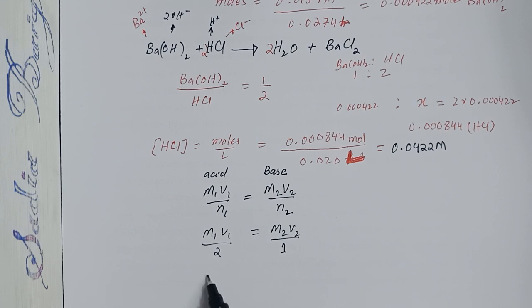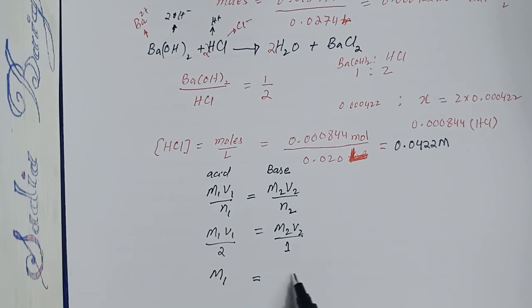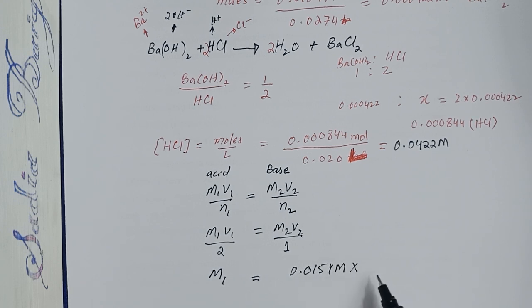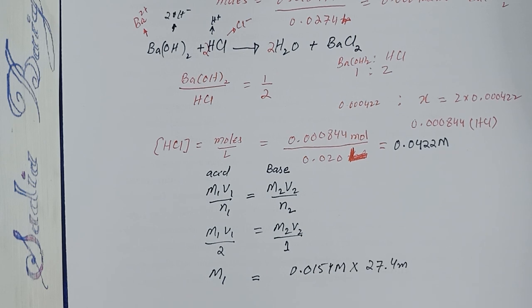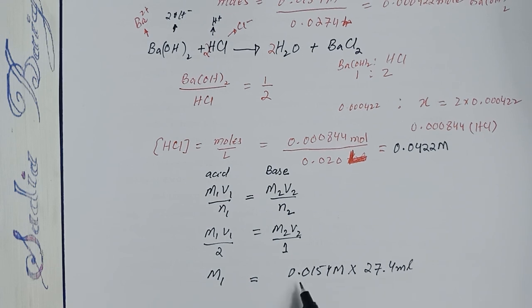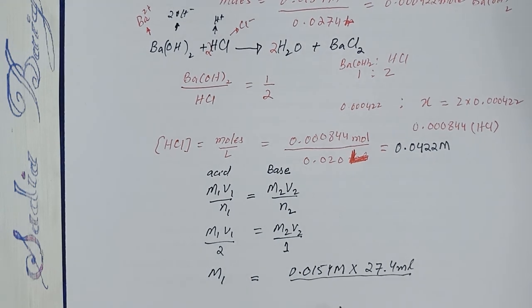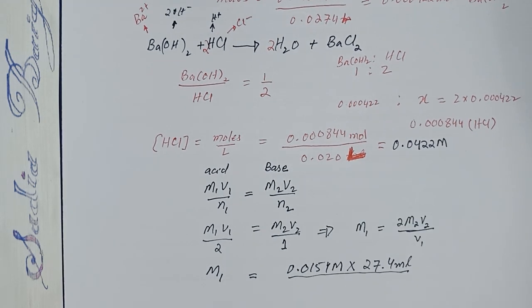And here we need to find the molarity of HCl, and we know the molarity of barium hydroxide, that is 0.0154 molar, and we need to multiply the volume, that is 27.4 milliliter of barium hydroxide, over V1, that is the volume of HCl.